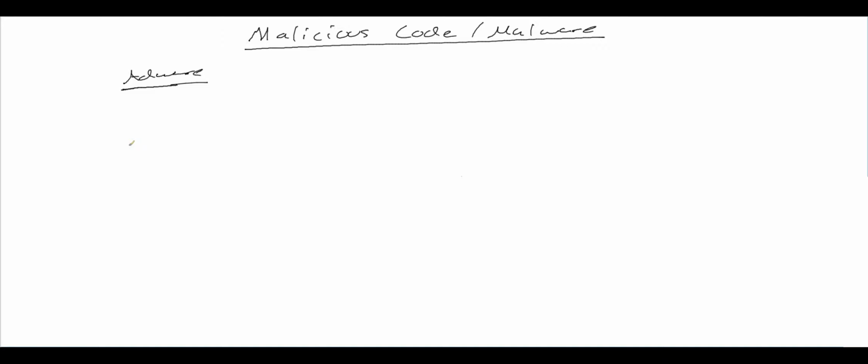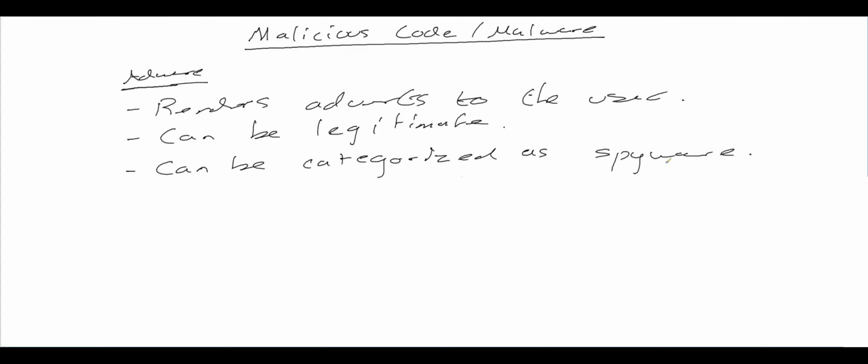And other adware is malware which renders intrusive adverts to the user without their consent. So adware renders adverts to the user. Some adware can be legitimate applications that a user might want to install on their computer and they meant to install on their computer, and others can be intrusive and unwanted software.